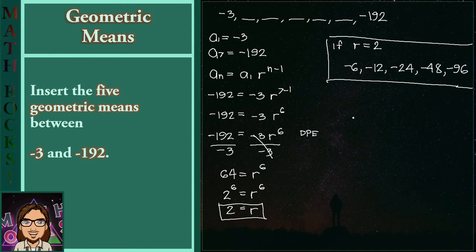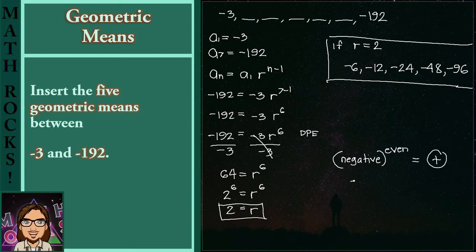But there is actually another answer here. You have already learned in my previous video that if you are given a negative base being raised to an even exponent, it gives us a positive product.